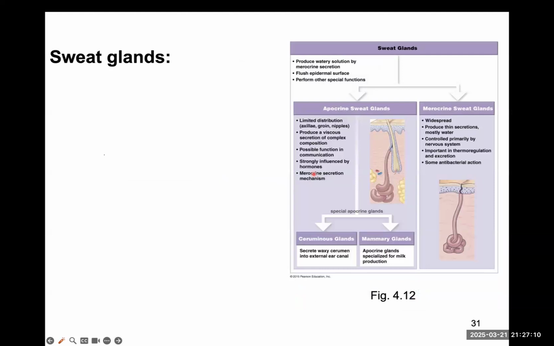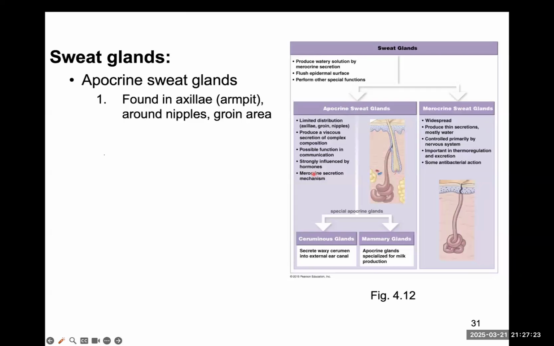Sweat glands, so how are they different? Well, the sweat glands don't make oil. They make a watery substance that we call sweat. And there are two kinds. There are apocrine sweat glands, and there are merocrine sweat glands, which is on the next slide. Apocrine glands are found in certain places only, and those places are going to be the armpit.